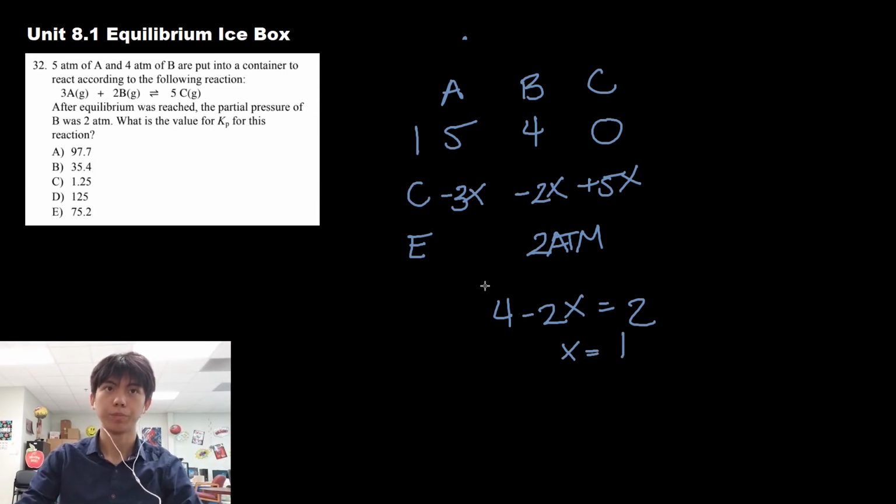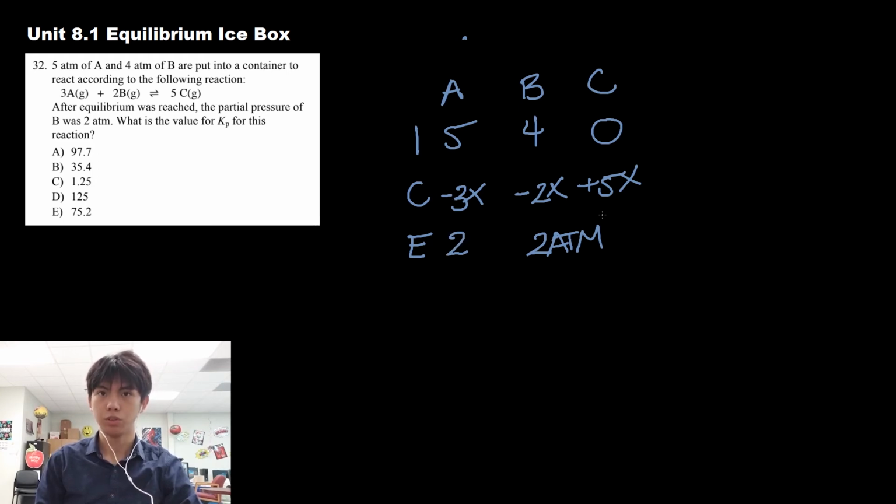You do some simple algebra there. So if x equals 1, what do the equilibrium values for each of these equal? Simply 5 minus 3, just 2 now. And this is 5 times 1, which is 5. Okay, so this is your basic premise for an icebox.